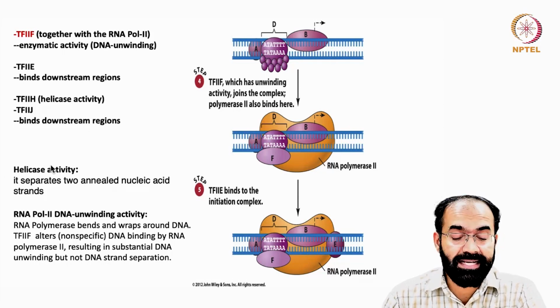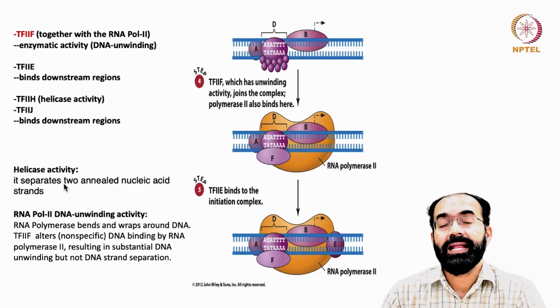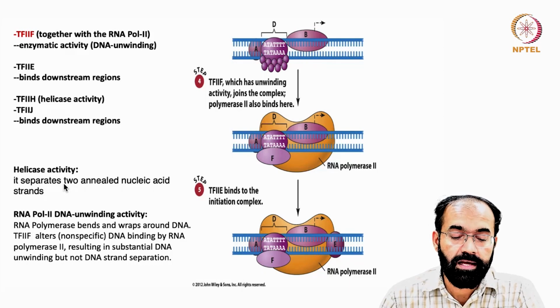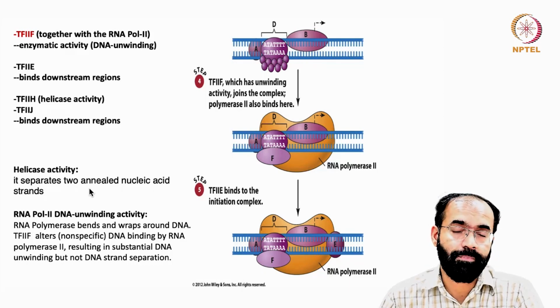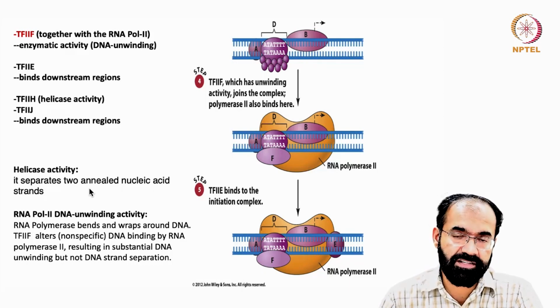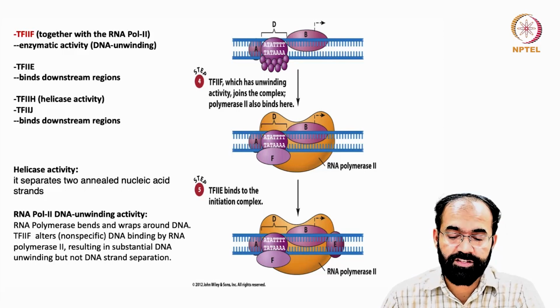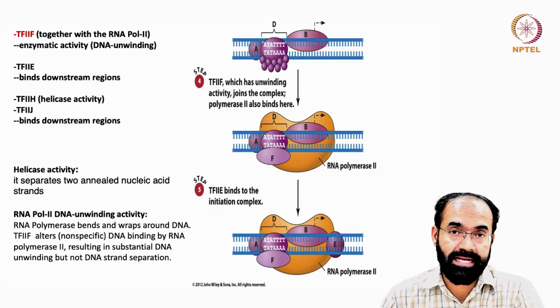Then comes helicase activity. So helicase activity is an important feature that is required for the strand separation of two DNA strands, without which you cannot access one template strand which makes a copy of the DNA.